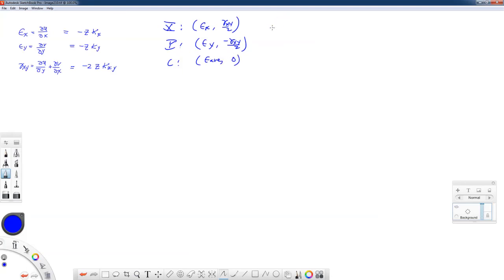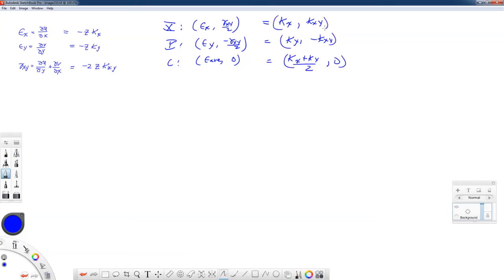If we factor away the minus z, we would have our kappa x comma kappa xy, our kappa y comma minus kappa xy, and our kappa x plus kappa y over 2 term comma 0.